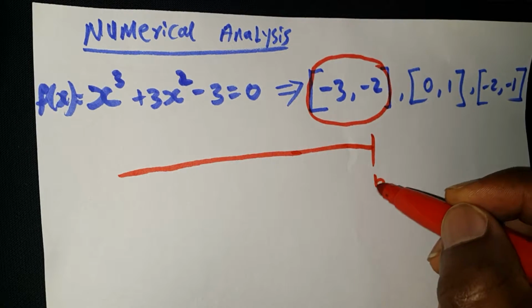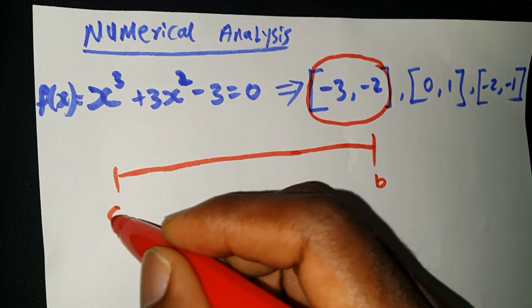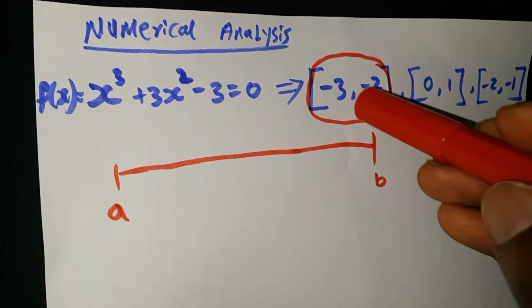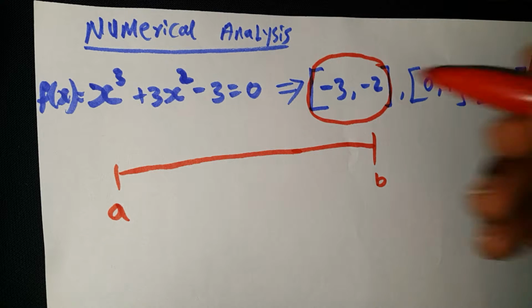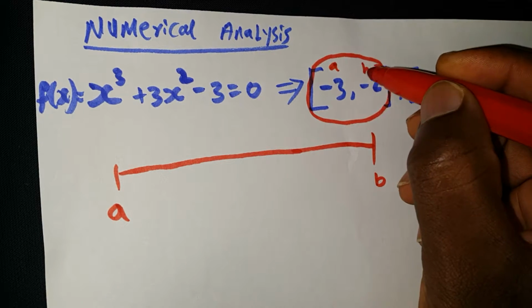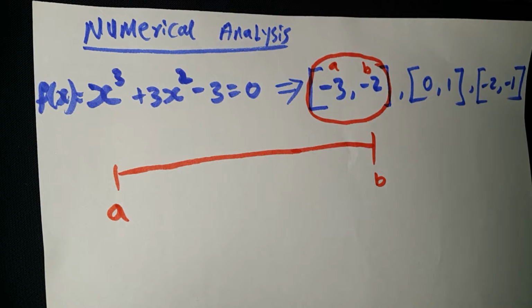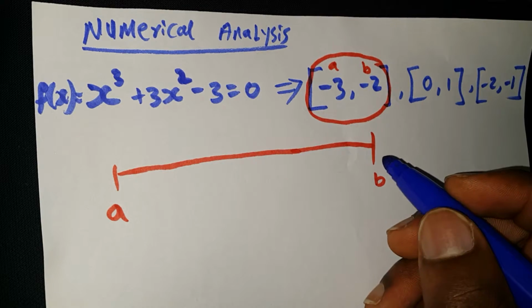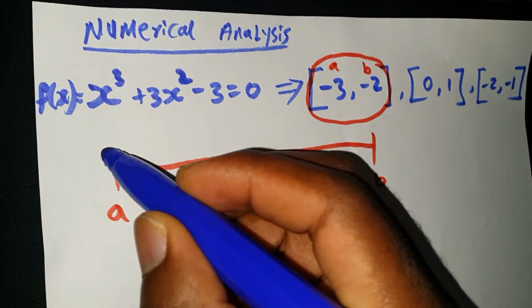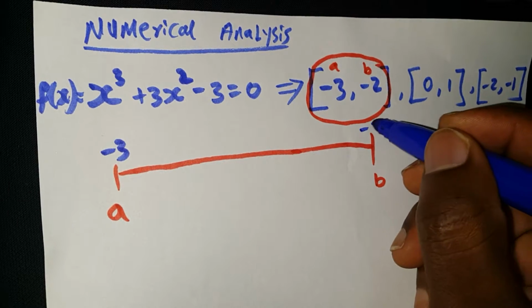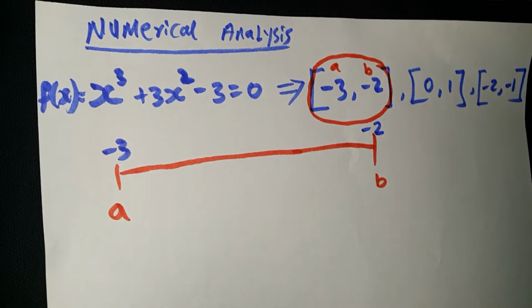Call this place A and this place B. A is first before B. After you draw a line, you name this: -3 is our A, and -2 is our B.